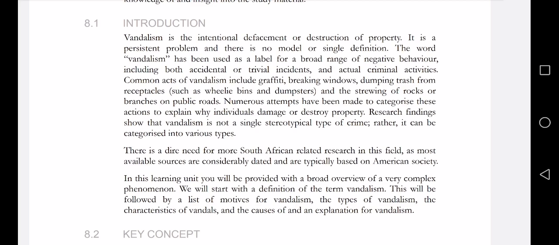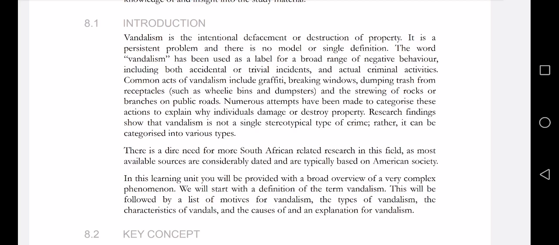Common acts of vandalism include graffiti, breaking windows, dumping trash from receptacles such as wheelie bins and dumpsters, and placing rocks or branches on the public roads.